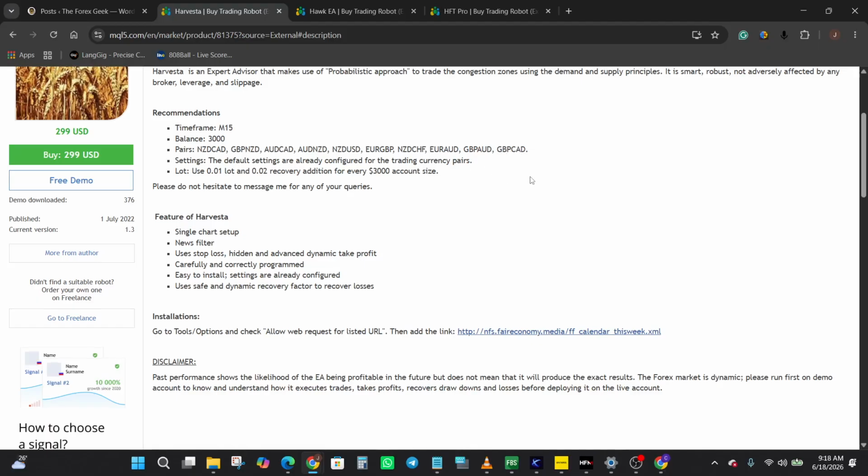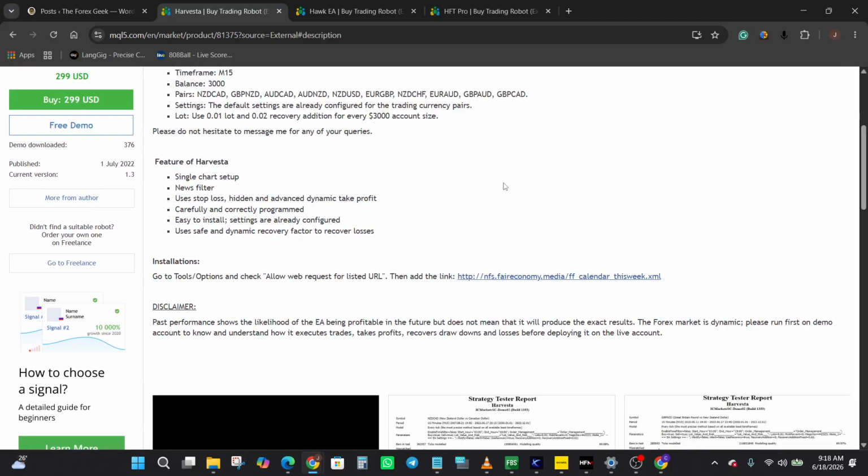Now, the developer also notes that default settings are already configured for these pairs, which suggests the EA is meant to be used in a relatively structured setup.